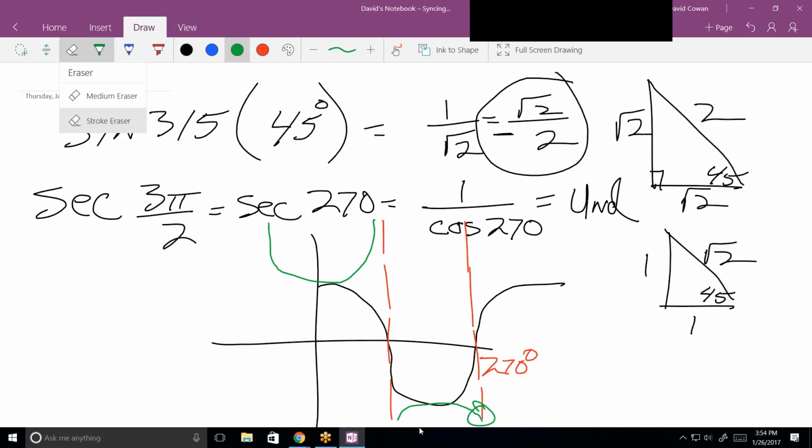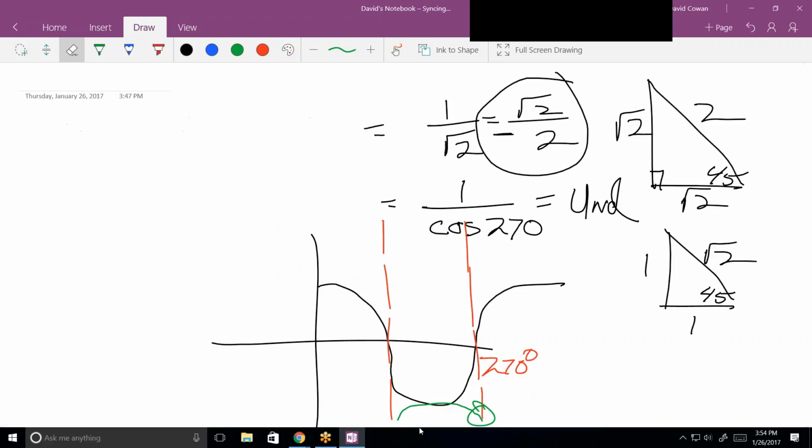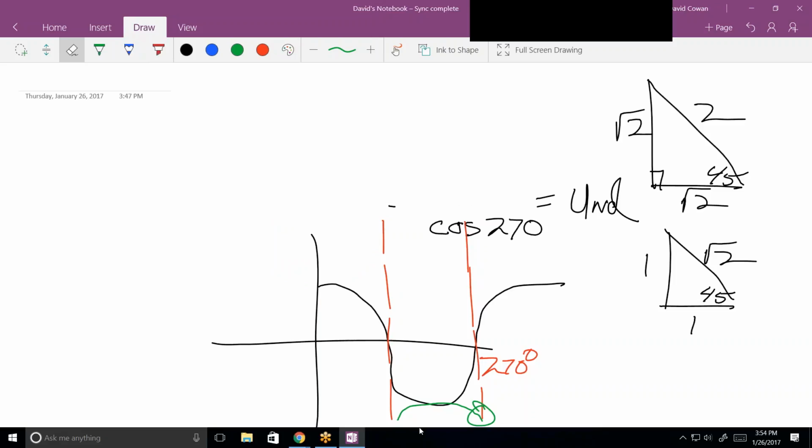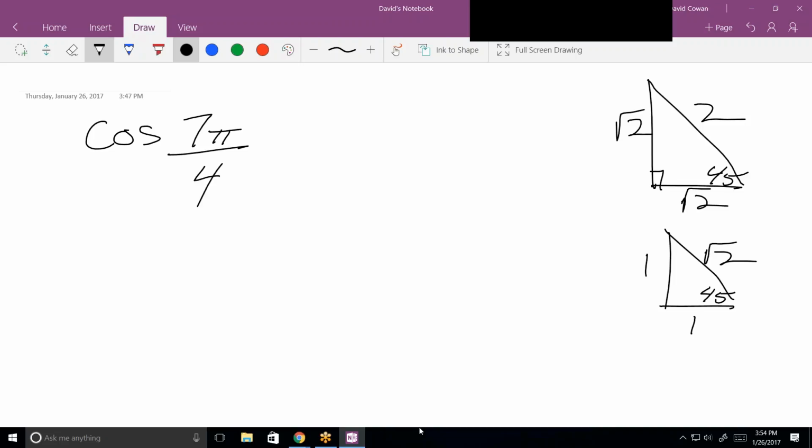The next one is cosine of 7 pi over 4. Hold on. What quadrant is that in? That is in the 4th quadrant.